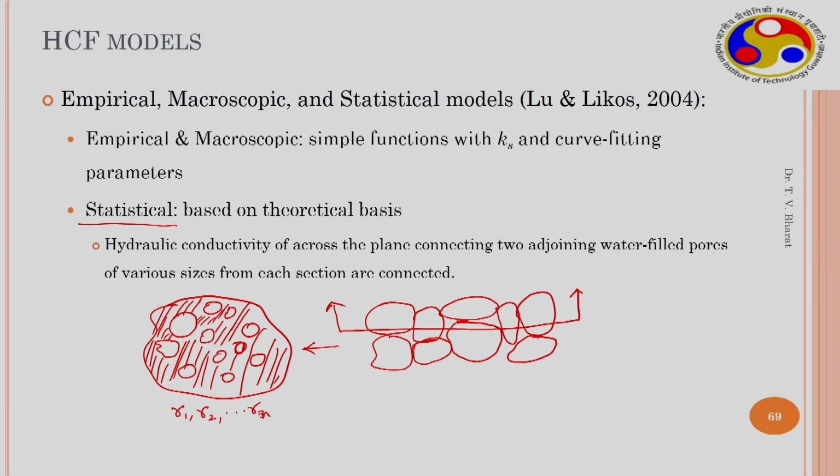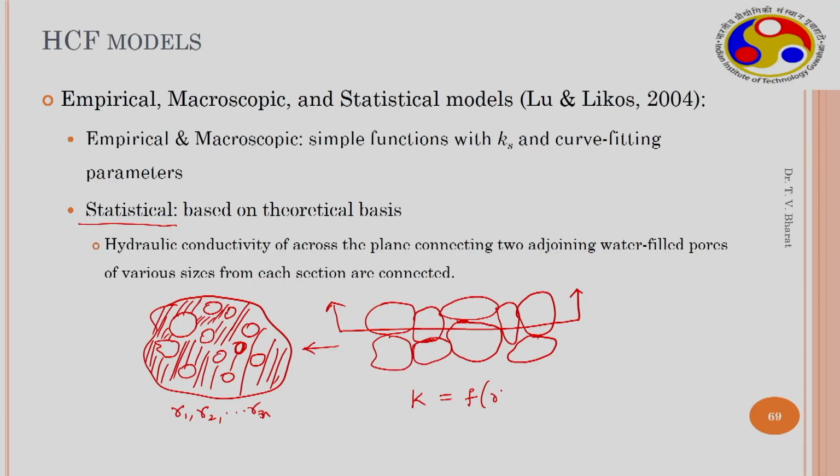If there is a probability that this pore exists next to the other pore in the next cross section, what is the probability of that? Because if a pore exists, then flow takes place through it using Hagen-Poiseuille's equation.